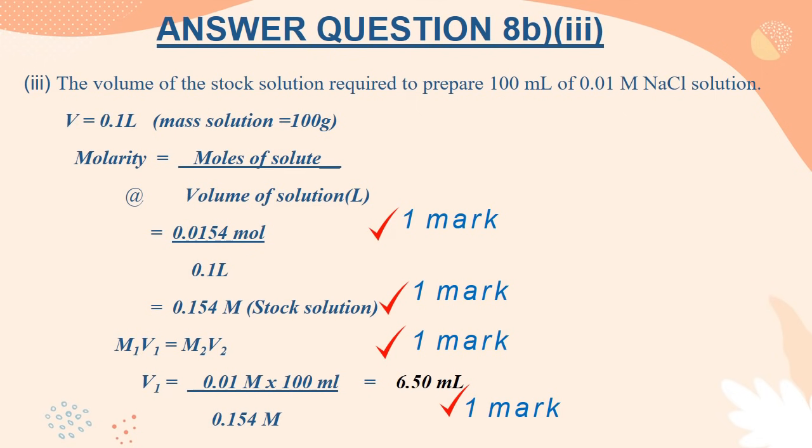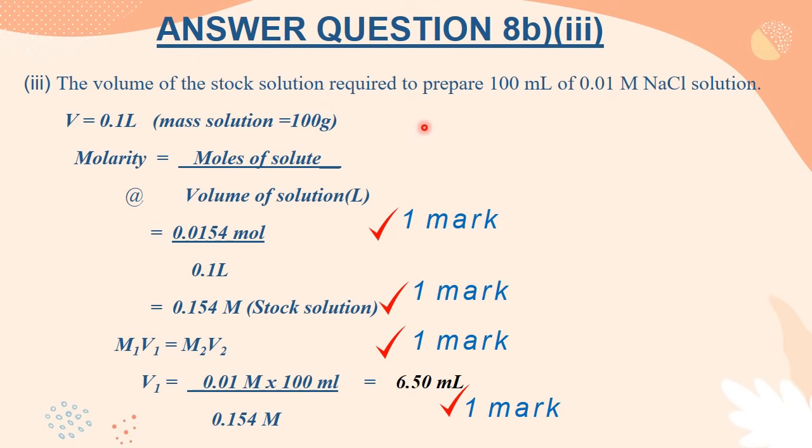Question 8b3. Calculate the volume of the stock solution required to prepare 100 ml of 0.01 molar sodium chloride solution. Okay, so from question B1, we assume mass of solution 100 gram. And then by using density, we can calculate volume of solution.